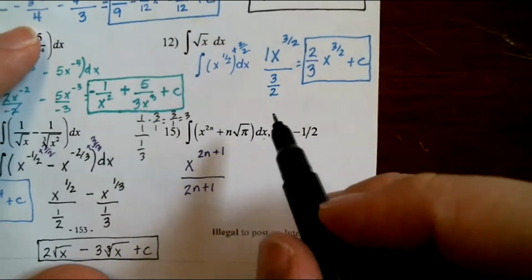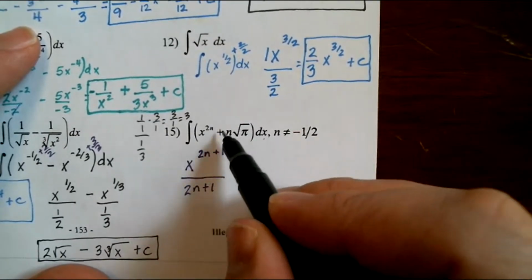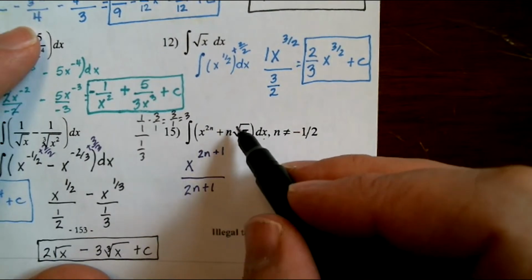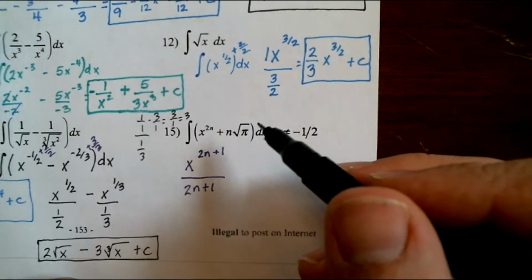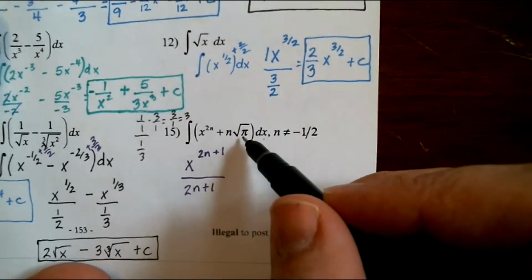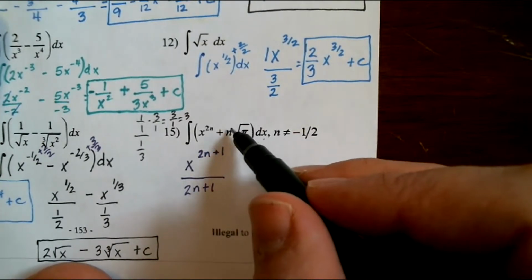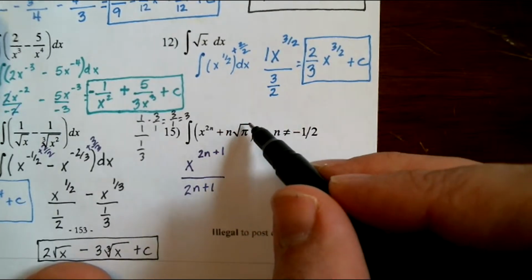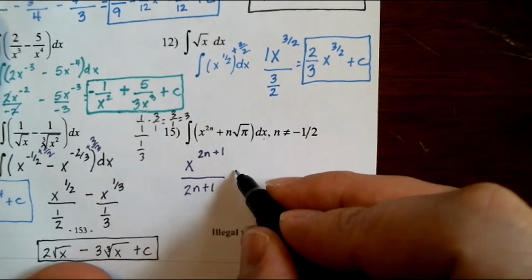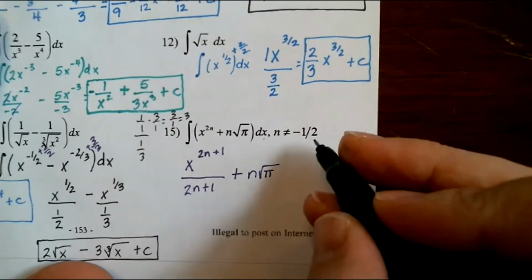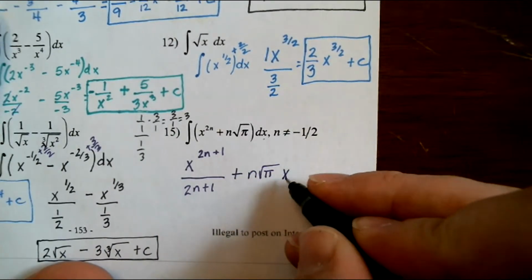Now, since we're solving this in terms of x, this n right here is just kind of like a constant, okay? And pi we know is a constant, while this n is a constant as well. So the only thing we need to do to this is just add an x to it. So say plus n pi and then x.